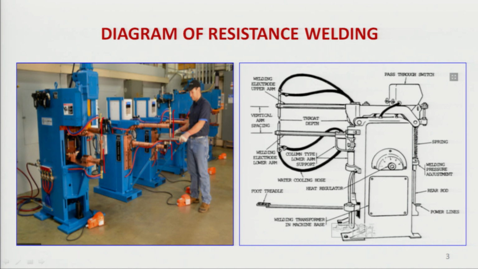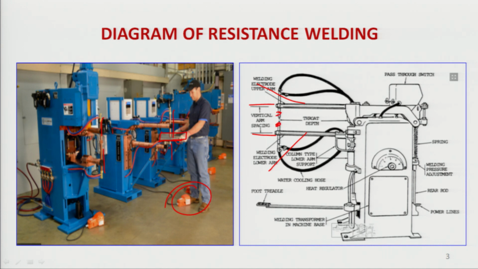This is the workpiece, which is in lap form and is brought under these electrodes, and he is controlling it with the help of his legs. So, this machine is a resistance welding machine, and different parts of it are the upper arm, the lower arm, the vertical arm spacing where this is the electrode.